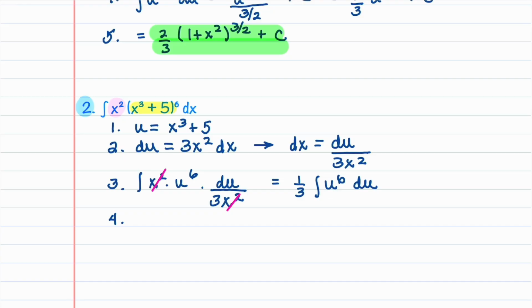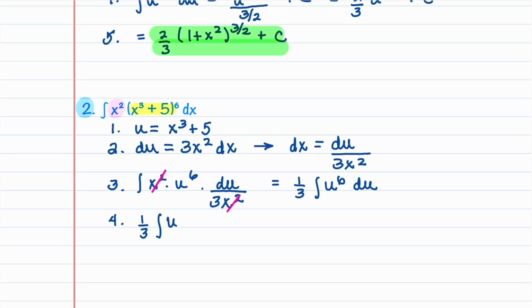Our fourth step is to just integrate this new integral. We have 1/3 the integral u to the 6th du is equal to 1/3. We're going to add 1 to the exponent. So we have u to the 7th divided by 7 plus c. And then we'll combine our constants.